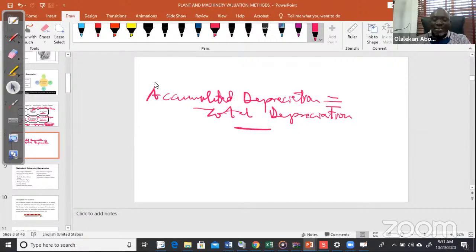However, it's not the same as what? Accrued depreciation. Please note that. Not the same as accrued depreciation.